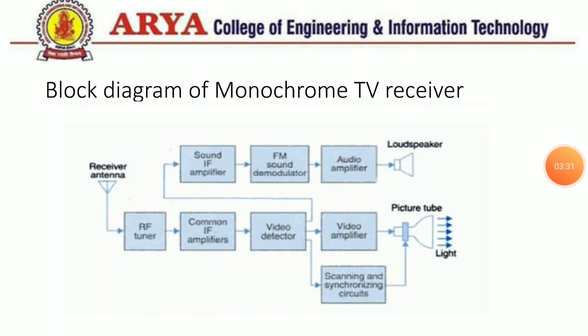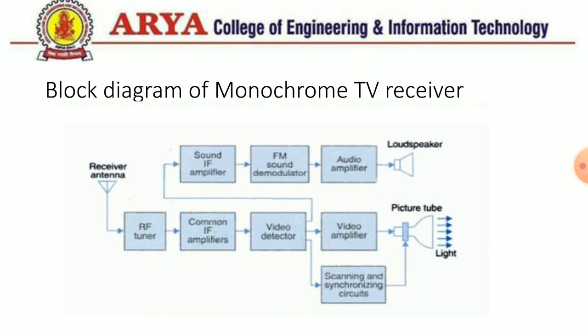The receiving antenna intercepts the radiated RF signal, and the tuner selects the desired channel frequency band. The antenna provides RF picture and sound signals for the RF amplifier stage. The RF amplifier stage is then coupled to the mixer stage.